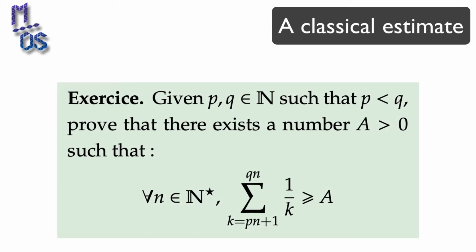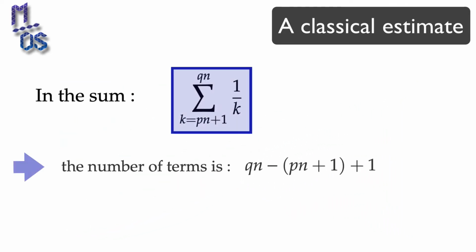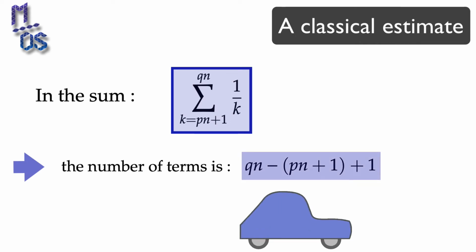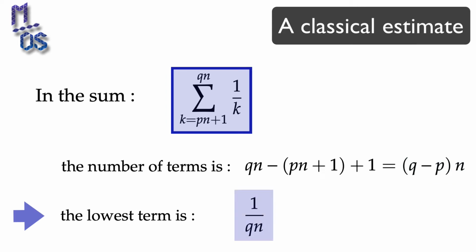Given two positive integers p and q, p being less than q, we shall prove that there exists a positive number a such that the sum for k from pn plus 1 to qn of 1 over k is no less than a. In that sum, the number of terms is qn minus (pn plus 1) plus 1, that is (q minus p) times n, and the lowest term is 1 over qn, the last one.